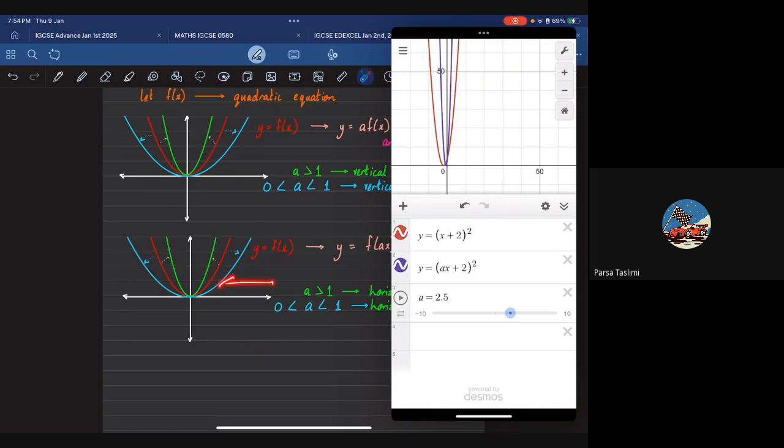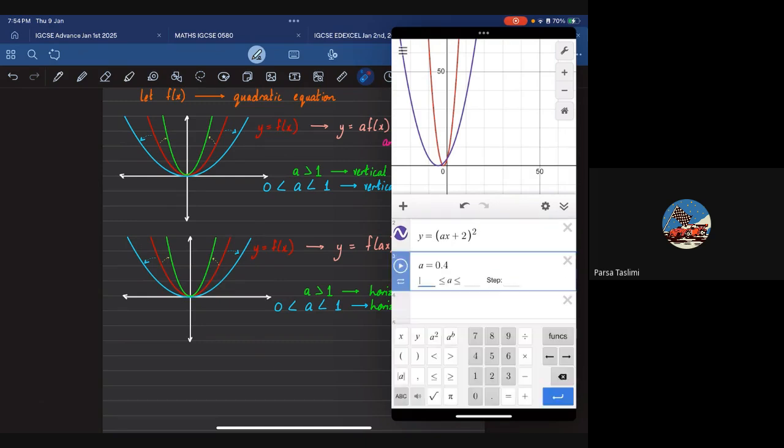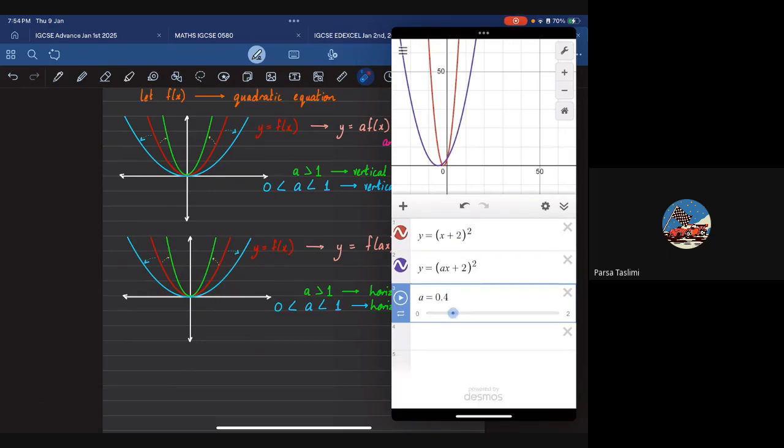But if I go less than 1, you can clearly notice that my graph is expanding. That's the difference that happens. Is this clear, guys? Anything that anyone does not get, let me know.